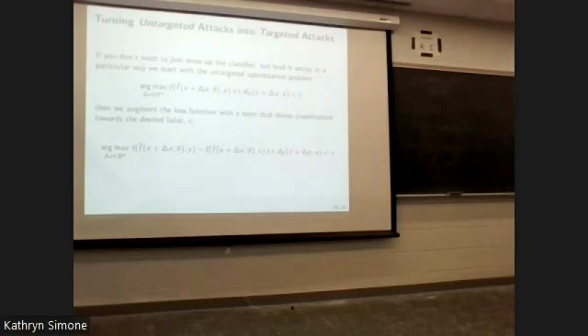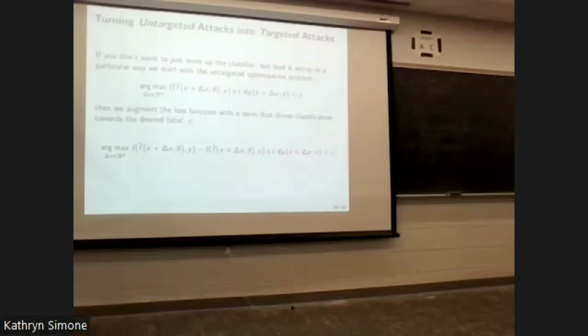We're maximizing loss because we want this to be bad, but we also want the loss to be minimal between predicted and our desired target class. So we maximize the negative loss, again subject to the constraint. But at the end of the day, it's the same algorithm. The fast gradient sign method, the projected gradient method that we just talked through. We do those same algorithms, we just change the cost.